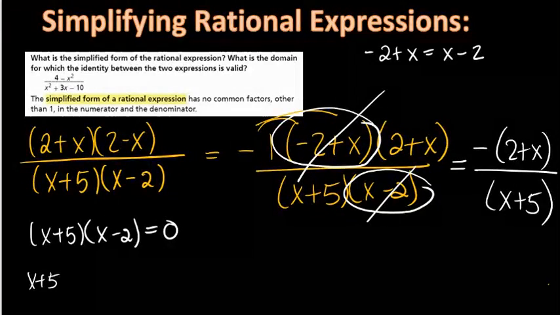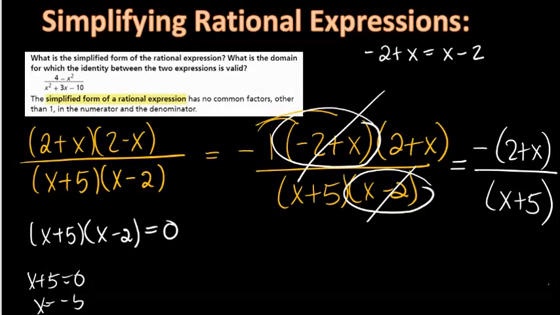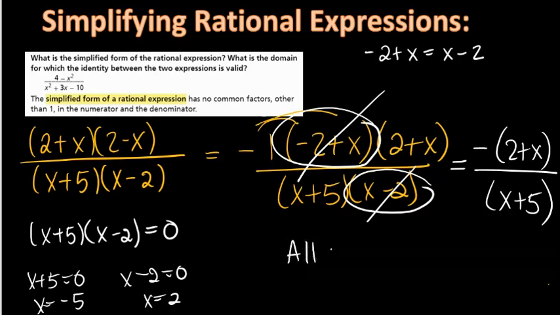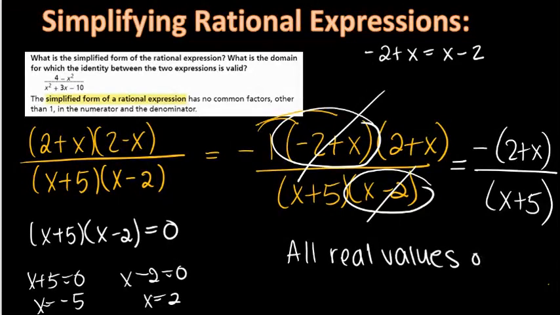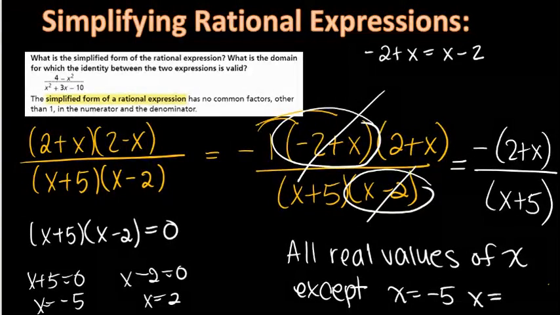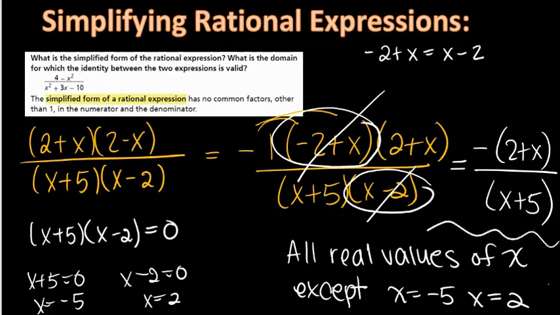And so here's x plus 5 equals 0, so x is -5, and x minus 2 equals 0, so x is 2. So your domain is all real values of x, except or excluding x equals -5 and x equals 2. Okay, so we're always going to talk about that domain when we talk about simplifying, because we need to know, well, what values of x can we not use?